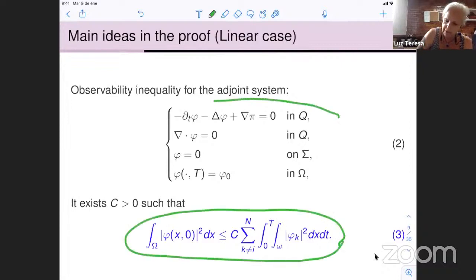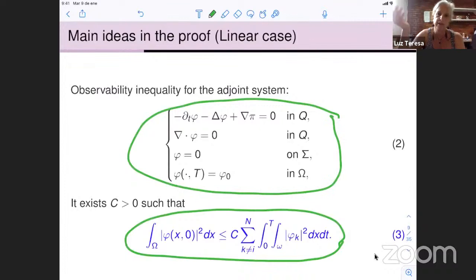So this is the adjoint. It seems like the system we want to control, but we have two differences. This is minus, so it's a system with this minus sign that implies that you're starting at capital T. So it's a backward equation, okay?